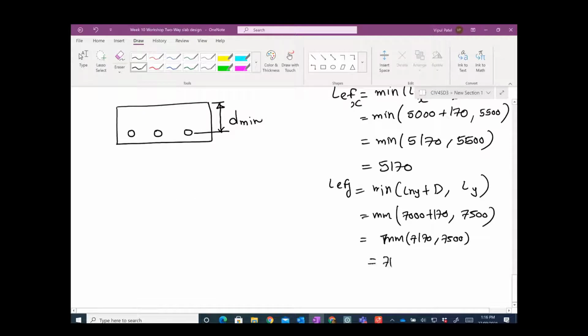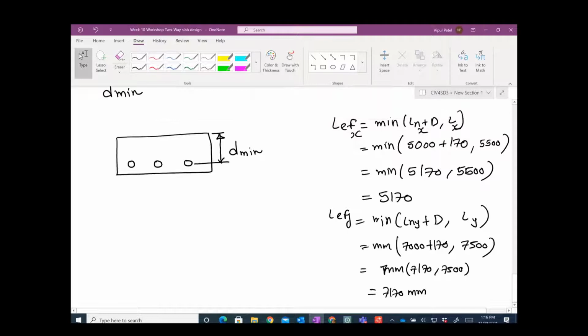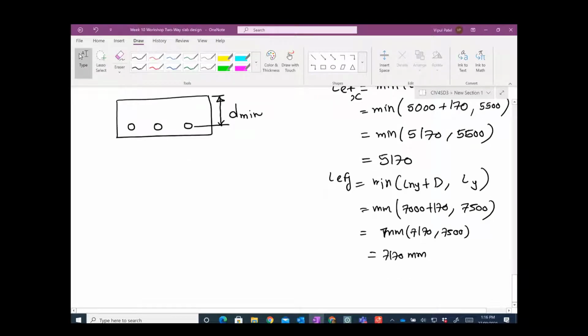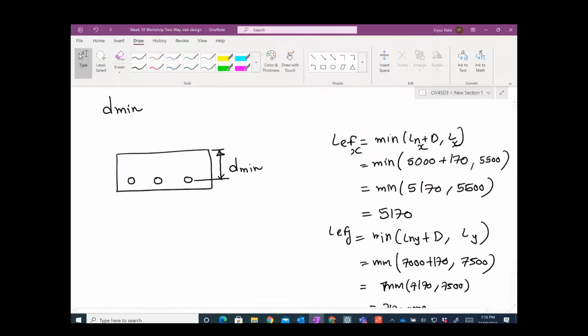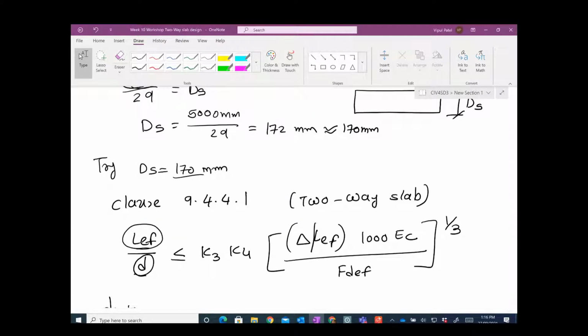You have 7170 as the minimum, L effective Y, right? That is how you calculate the effective span. So if someone asks you to calculate the effective spans, you should not have any issue to calculate the effective span.